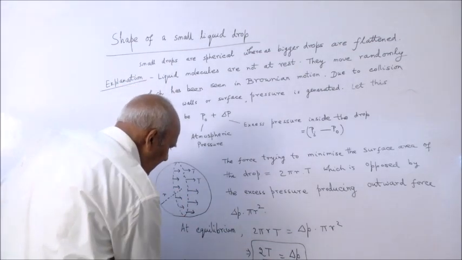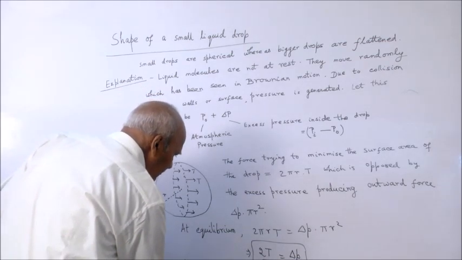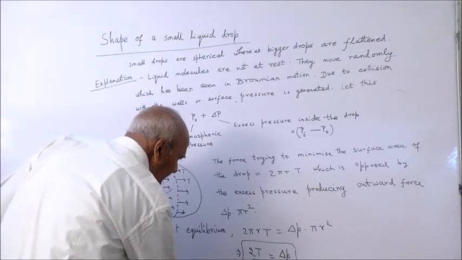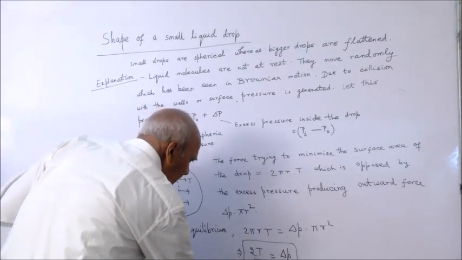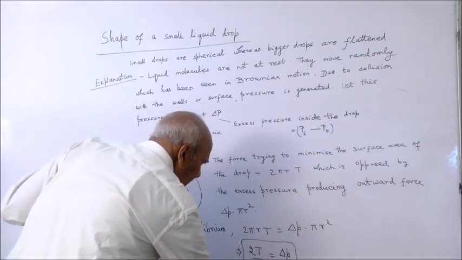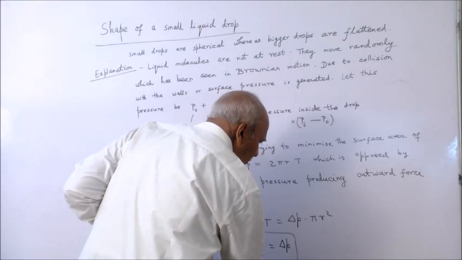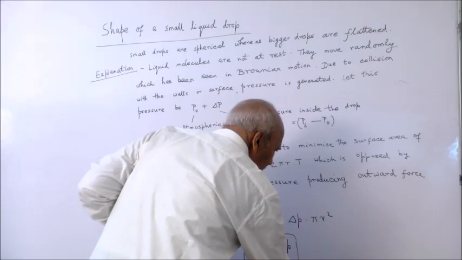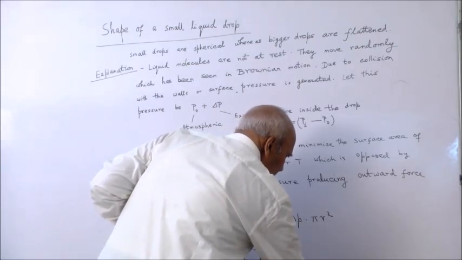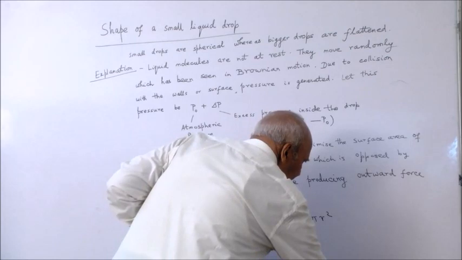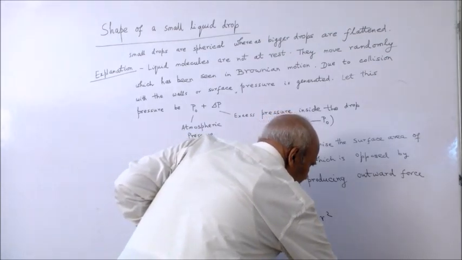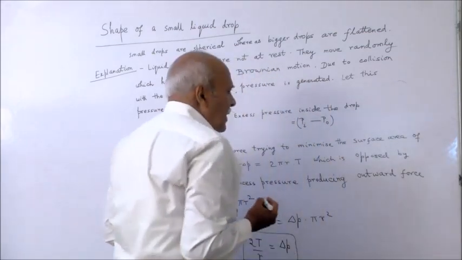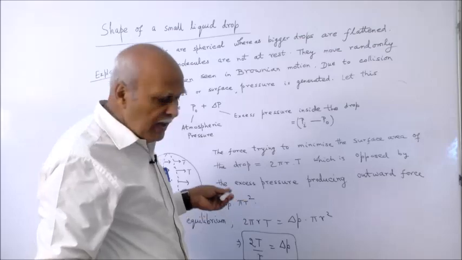So, proportional to 1 by r means delta P is greater inside small drops compared to bigger drops, because they have to balance the atmospheric pressure and also the effect of surface tension has to be balanced.